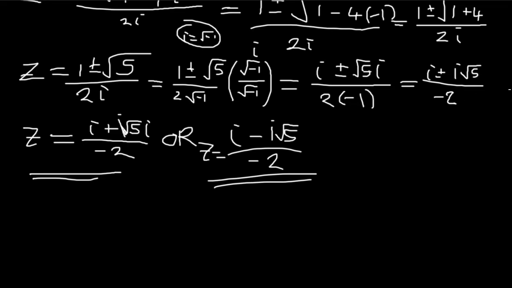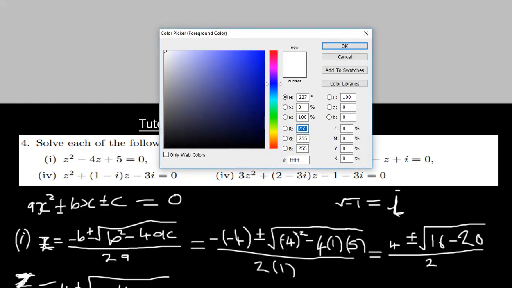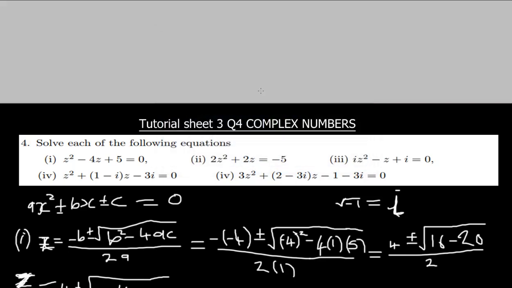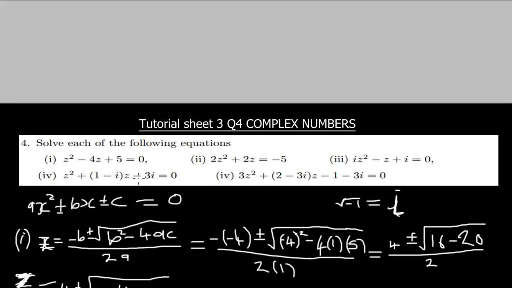We move on to question 4. Let me check first how it is. Question 4, your A is going to be 1, your B is going to be 1 minus i, and your C is going to be negative 3i.